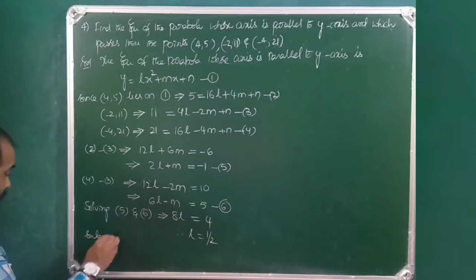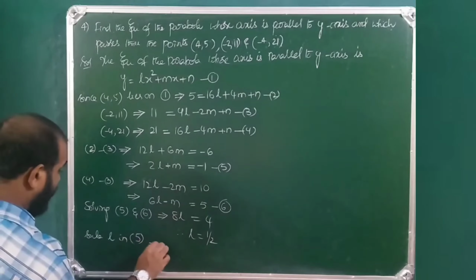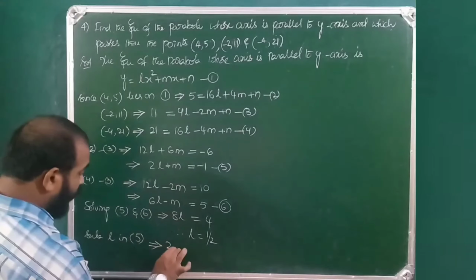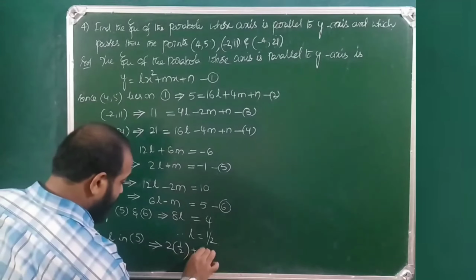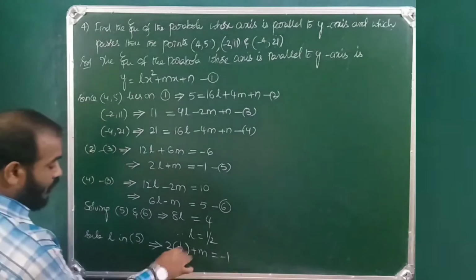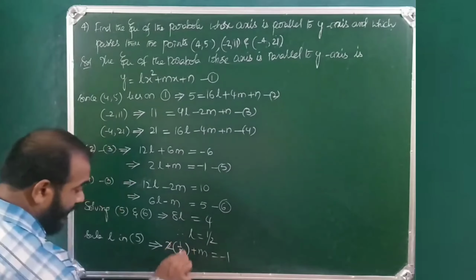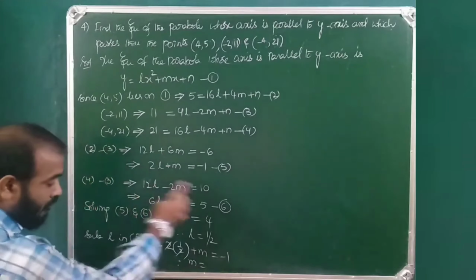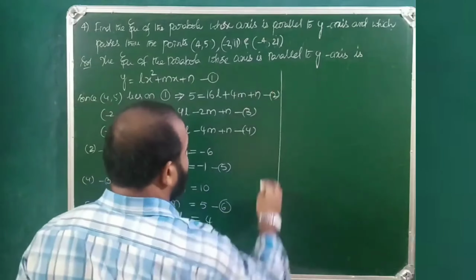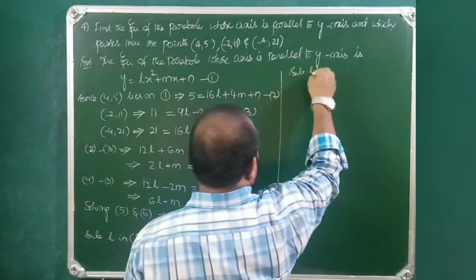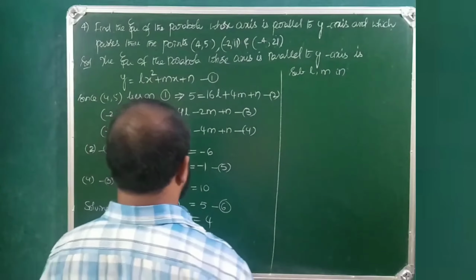Substituting L in the fifth equation, 2 into the value of L, 1 by 2, plus M is equal to minus 1. 1 gets cancelled. Therefore, the value of M is minus 2.